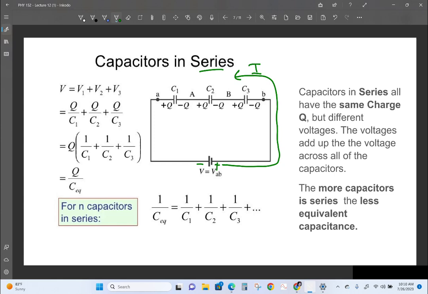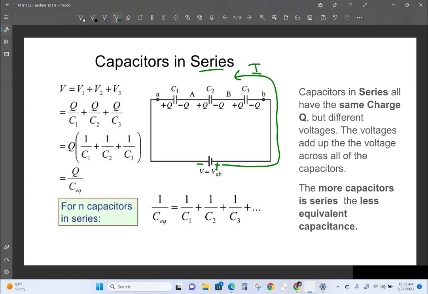So let's talk about what's happening there. Each capacitor will have its own voltage, and that's dependent on the area of them and the separation and their capacitance. The maximum voltage across each of these capacitors, V1, V2, and V3, should add up to be the voltage of the battery.